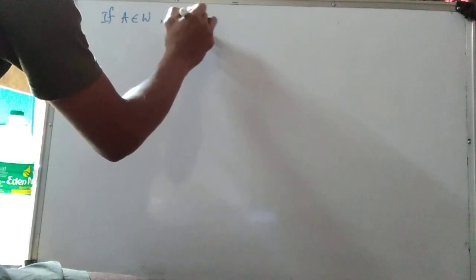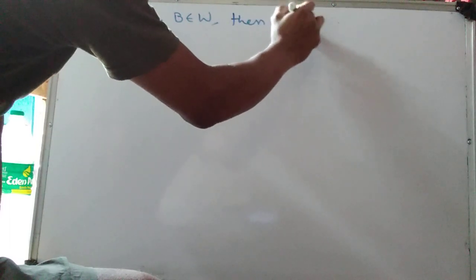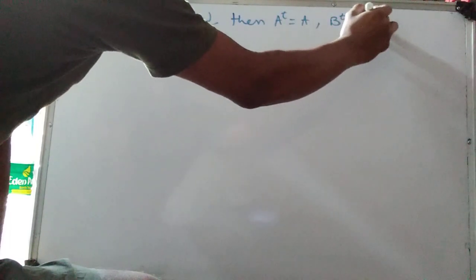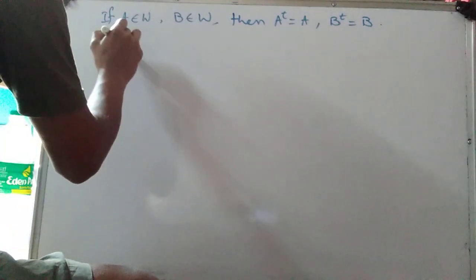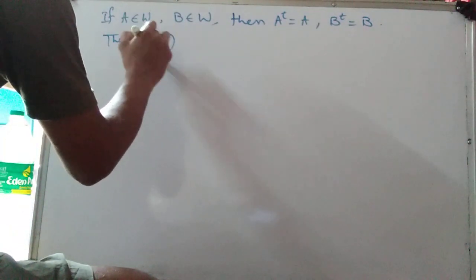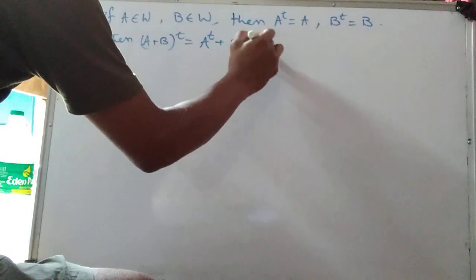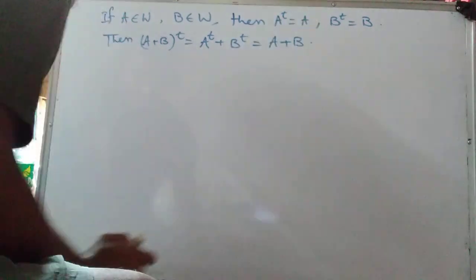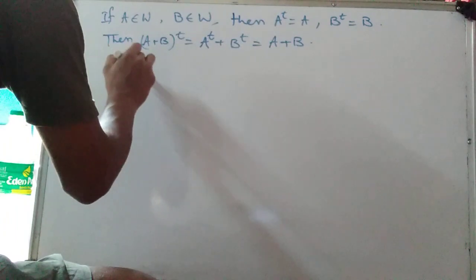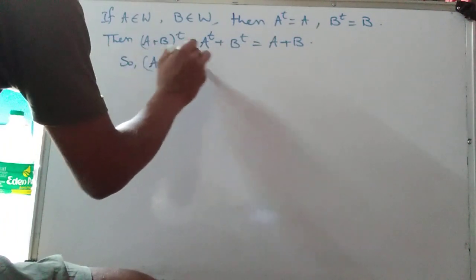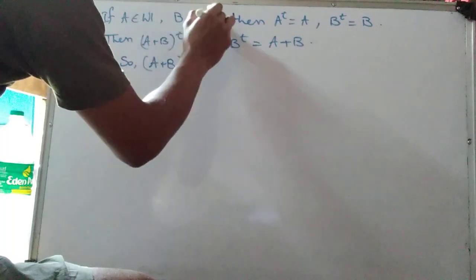If A belongs to W and B belongs to W, then A transpose equals A and B transpose equals B. Then (A plus B) transpose equals A transpose plus B transpose equals A plus B. So A plus B belongs to W.